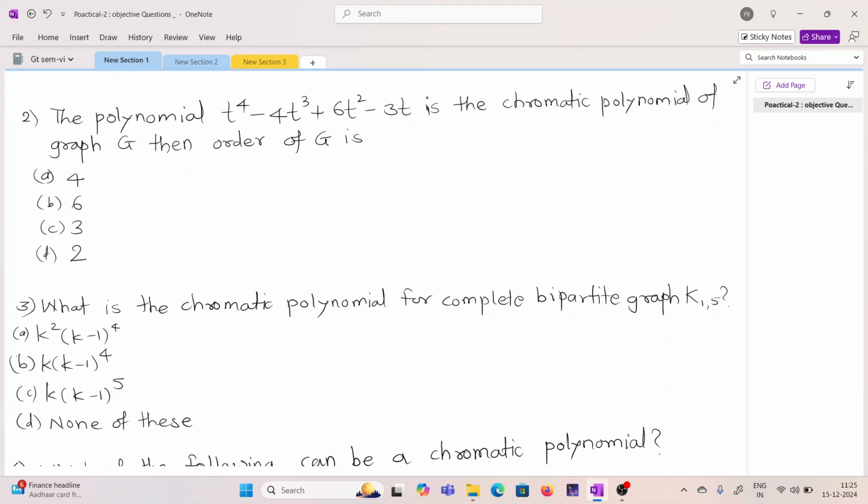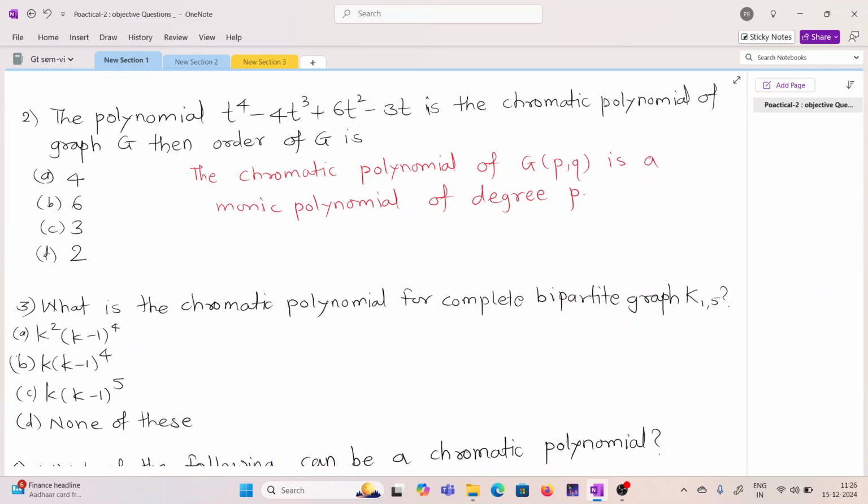We know the property that the chromatic polynomial of graph G on P vertices and Q edges is a monic polynomial of degree P. That means the polynomial has degree equal to the number of vertices of graph G.